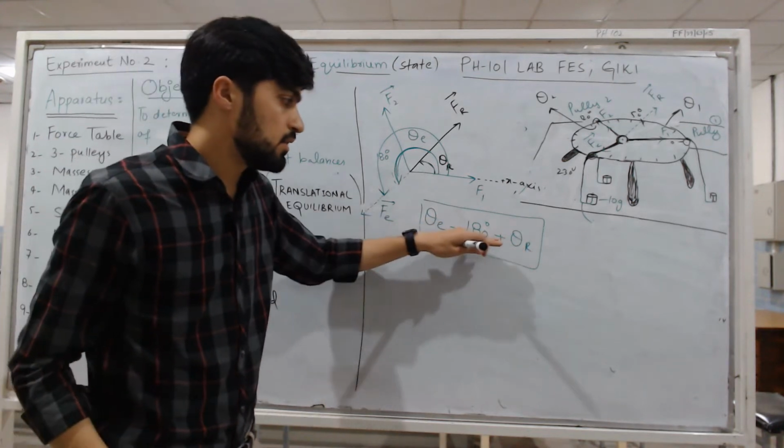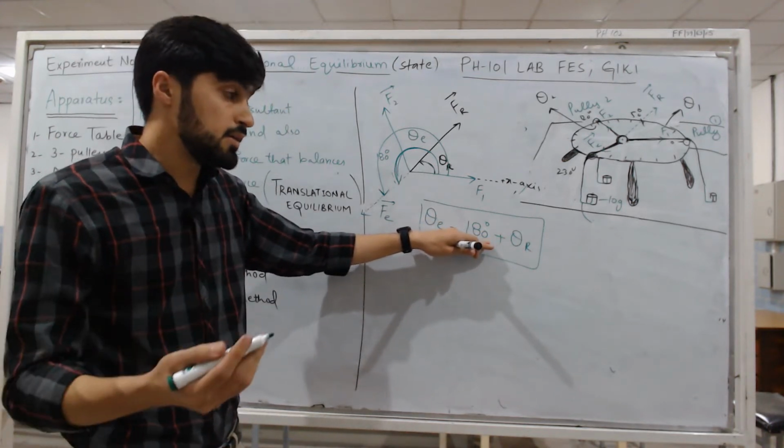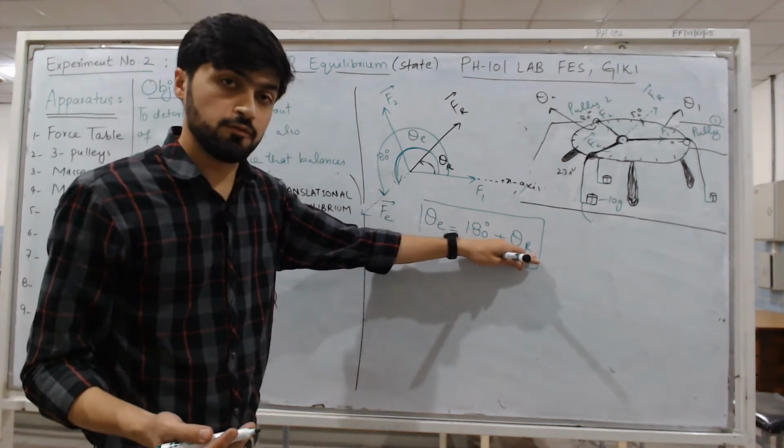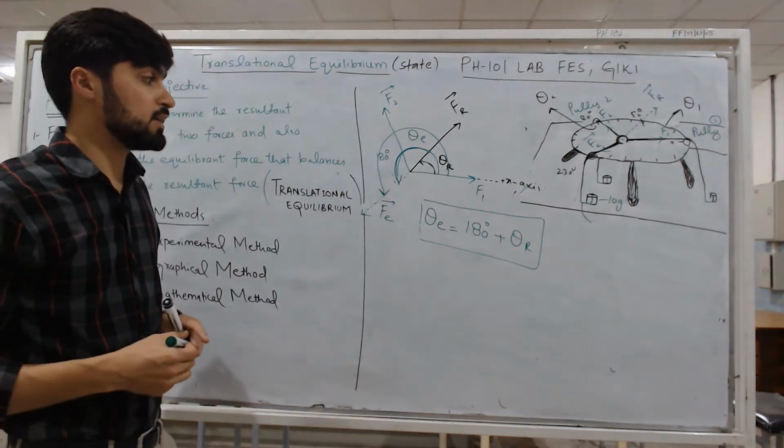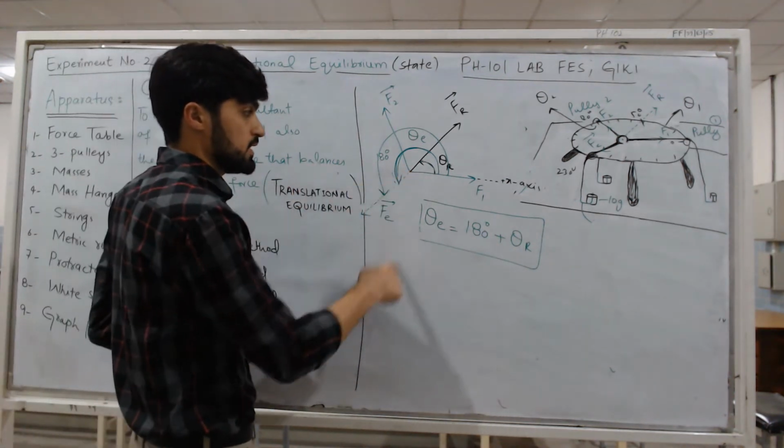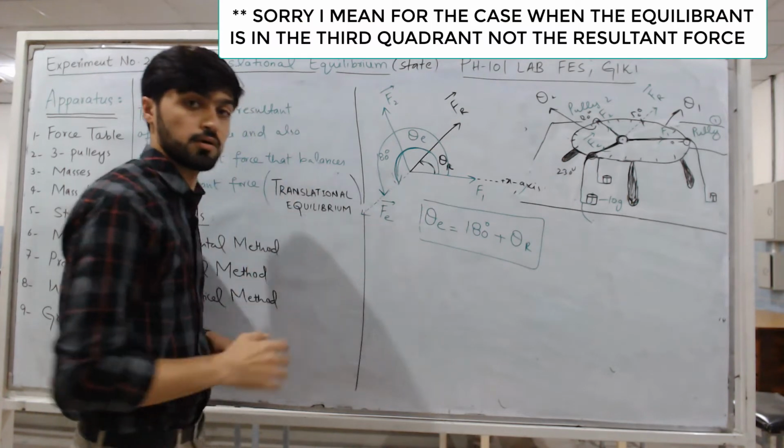Just add 180 degrees to the resultant force's angle. But keep in mind, this is for the case when the resultant force is in the first, second, or third quadrant.